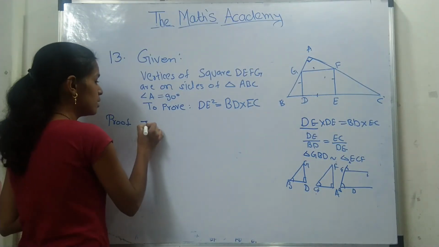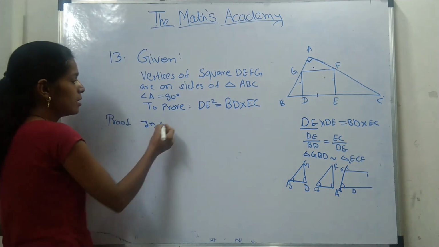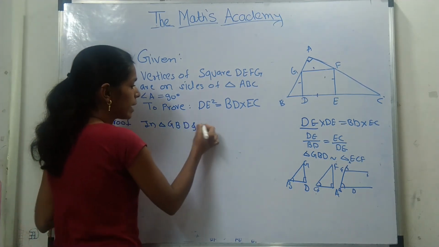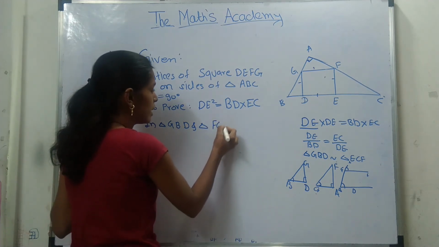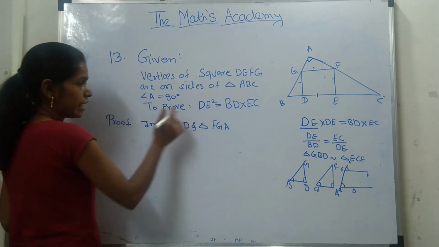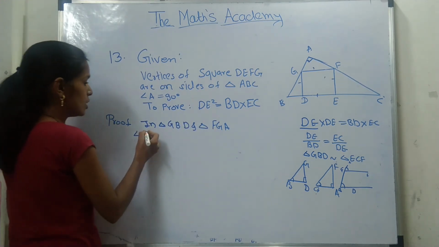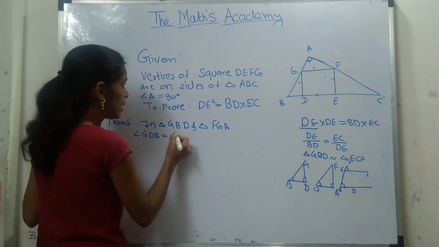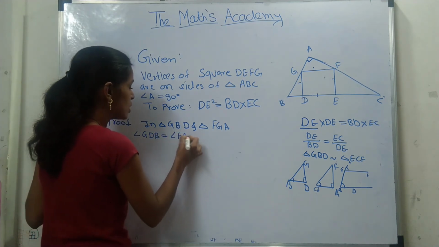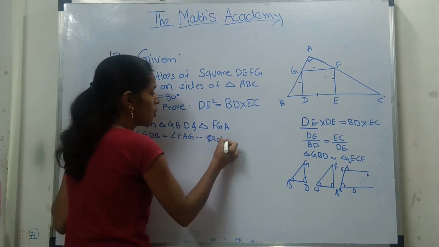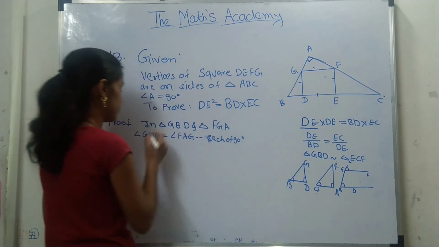So in triangle GBD and triangle FGA, angle GDB is equal to angle FAG, each of 90 degrees.